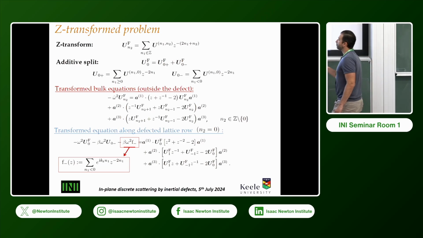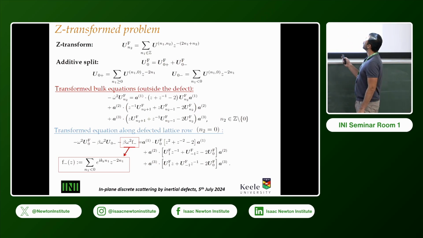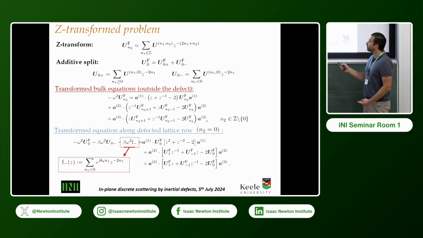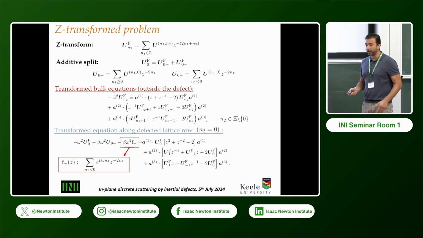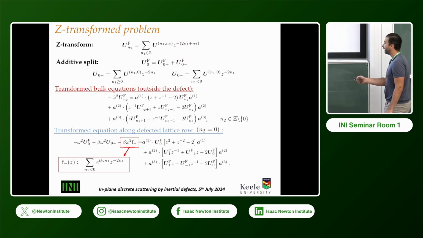If you apply this transform in the bulk, so outside the defected row, you get a series of relations like this. These are actually recurrence relations in n2, with coefficients independent of n2, and these things are easy to solve.